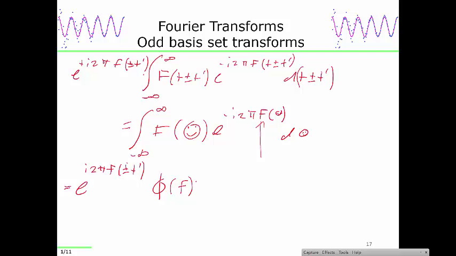No, no. Looks good. Or this could be just as easily written plus or minus 2 pi f t prime times e times phi of f. And this, again, equals the Fourier transform of f(t plus or minus t prime). So that's the proof for the Shift theorem.